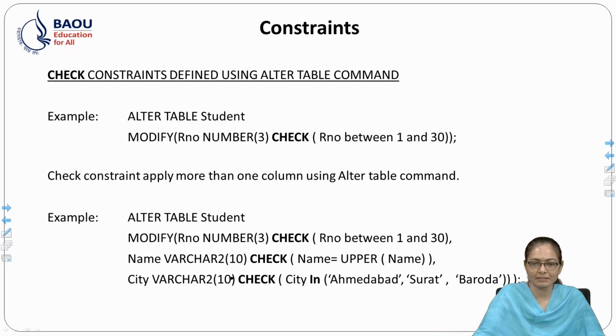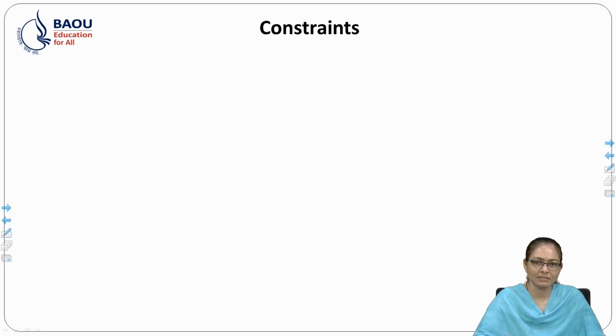So we define the check constraint, check in the bracket city and then in, then in brackets Ahmedabad, Surat and Baroda. So here the city column contains only 3 cities, Ahmedabad, Surat and Baroda only. If we define not in, then the opposite applies. Now the next one is the default constraint.